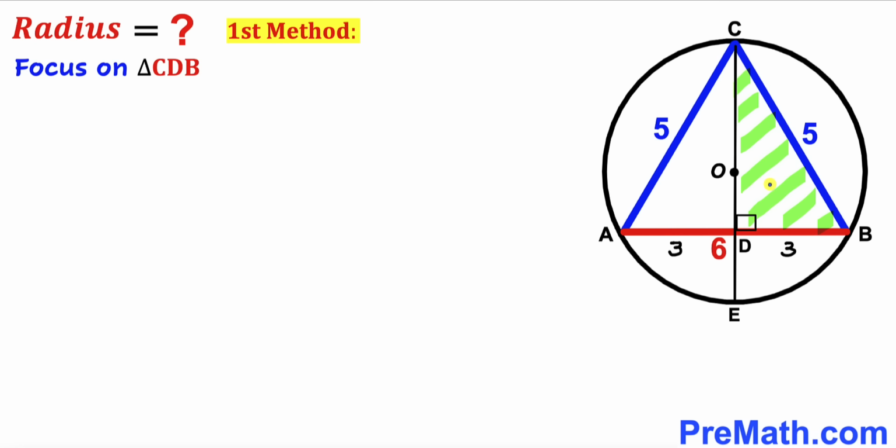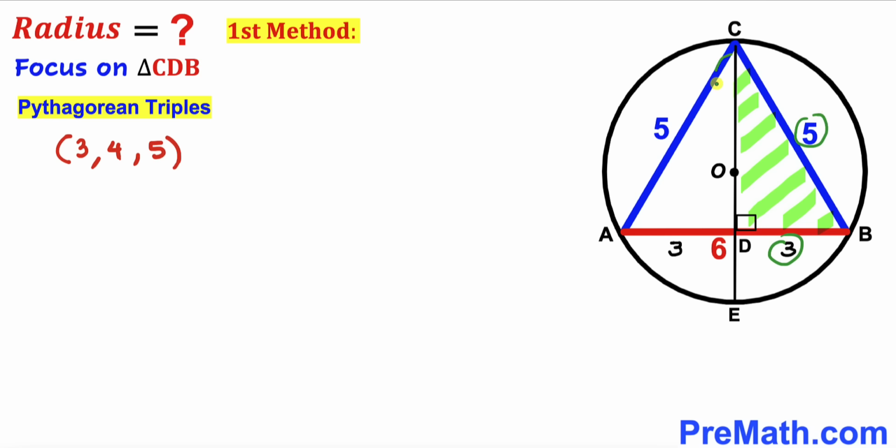Now let's focus on this right triangle CDB, whose side lengths are 3 and 5, and the side CD length is unknown. So let's recall the Pythagorean triplet 3, 4, 5. We know this side length is 3, and this side length is 5, so this CD length has got to be 4 units.